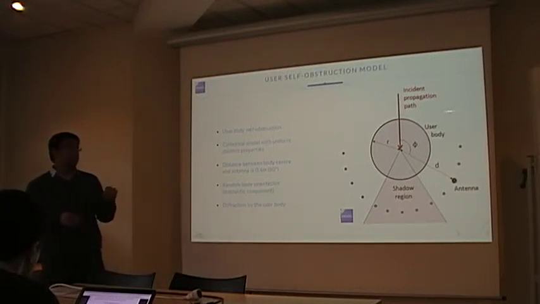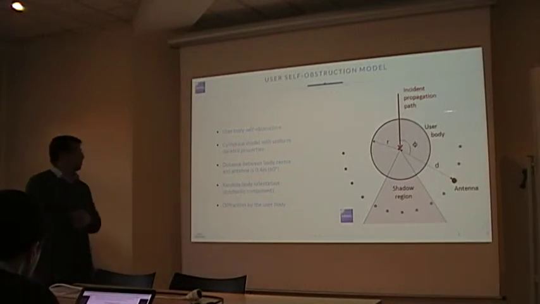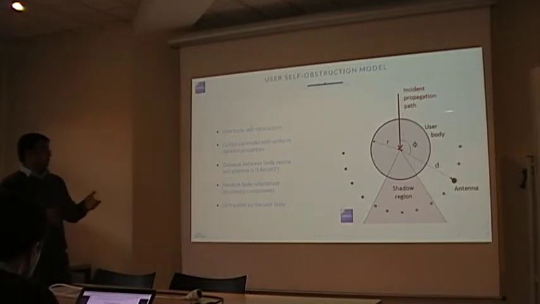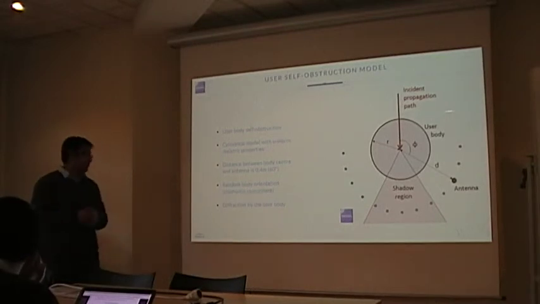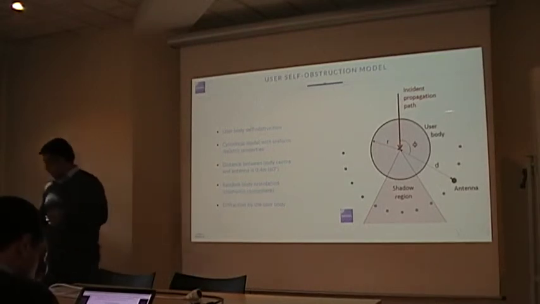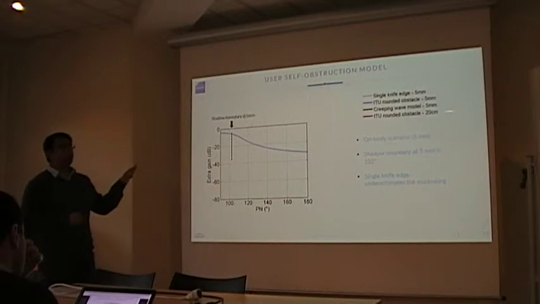What it means is that there will be some diffraction, perhaps from the sides, and the signal is coming in. Next, the random positions of the users was a stochastic component. The next stochastic component is also the random body orientation, so how the body is oriented. And we need to look at the diffraction. There are various diffraction models that have been used in literature. One very popular model is the knife edge model, or the single knife edge model.